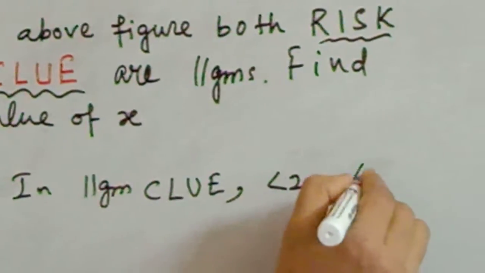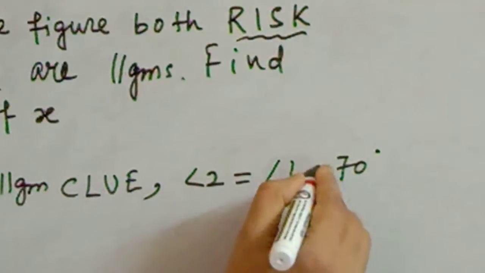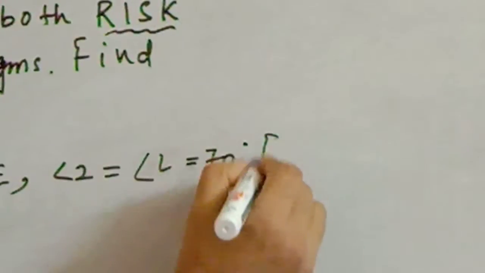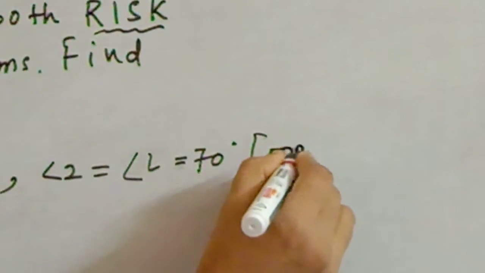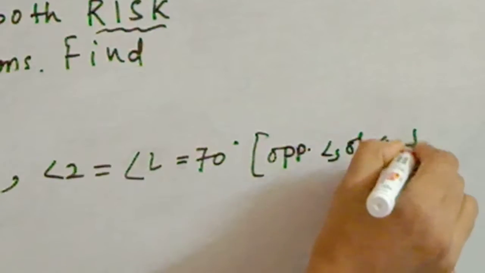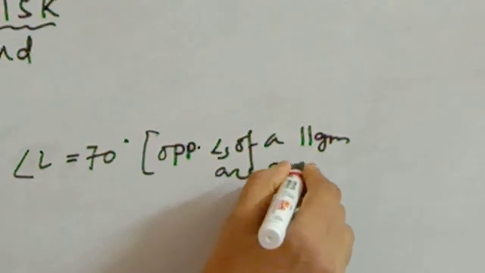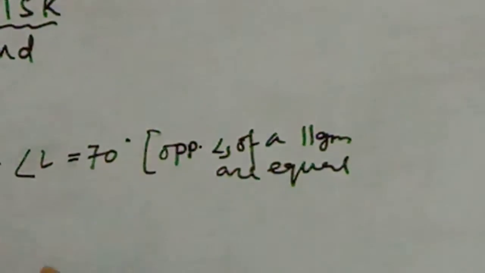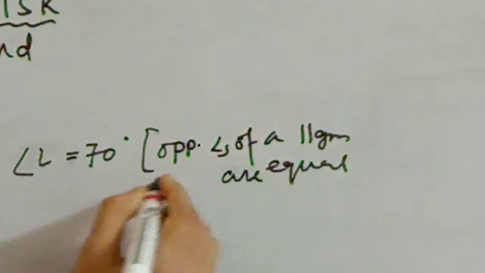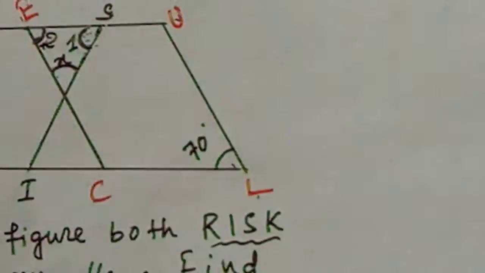You can write angle L is equal to 70 degrees because opposite angles of a parallelogram are equal. Opposite angles of a parallelogram are equal. So in that case, angle 2 is equal to 70 degrees.